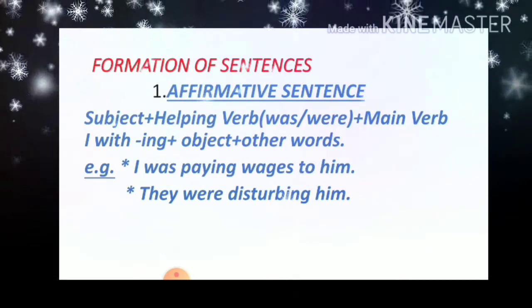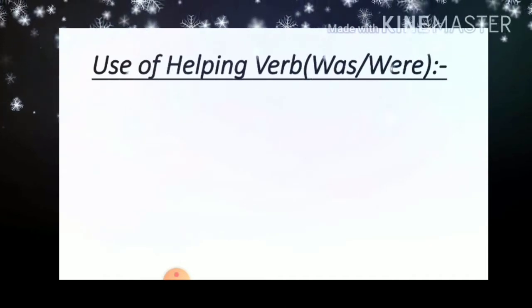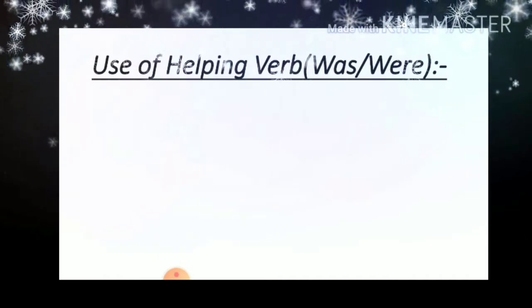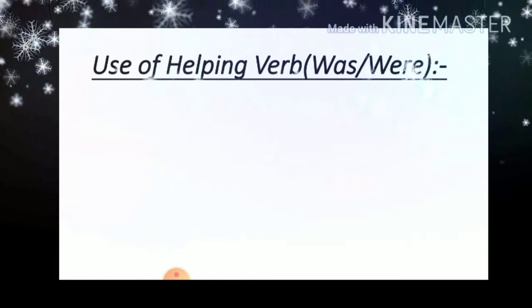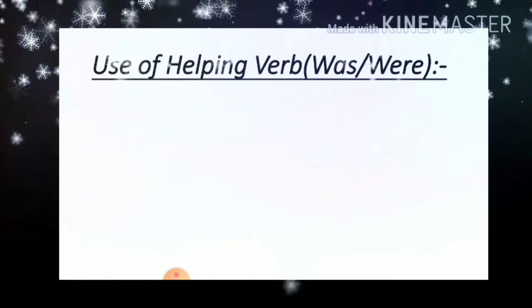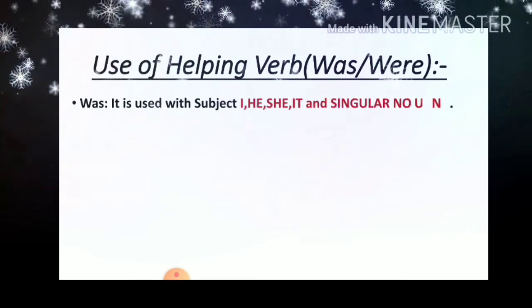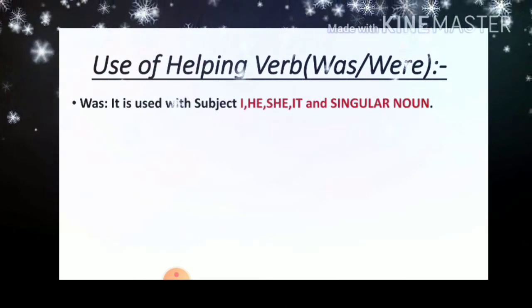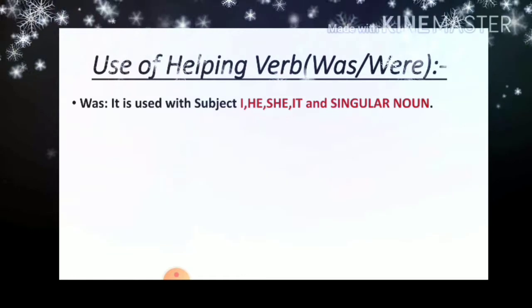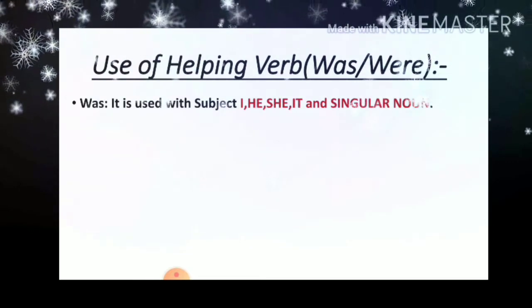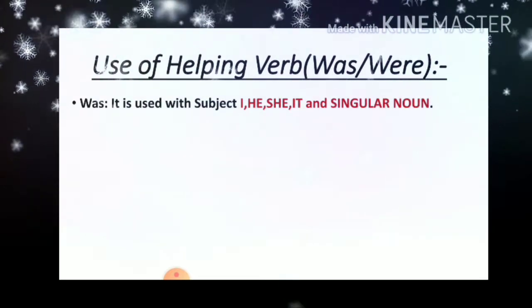Now the next part: use of was or were. Because this is a helping verb, we have to decide where to use was and where to use were. So here the rule is given. Firstly, if we talk about was, was is used with the subject when the subject is I, he, she, it, or a singular noun.